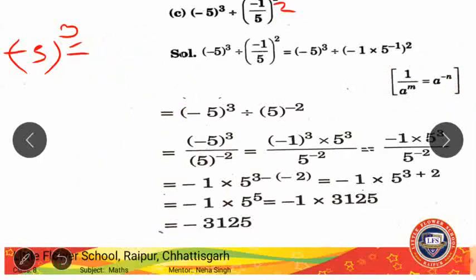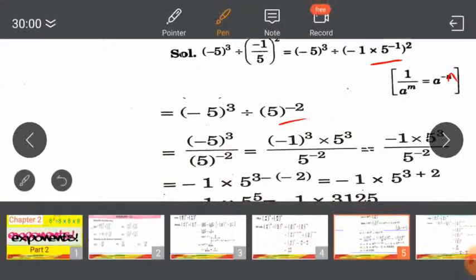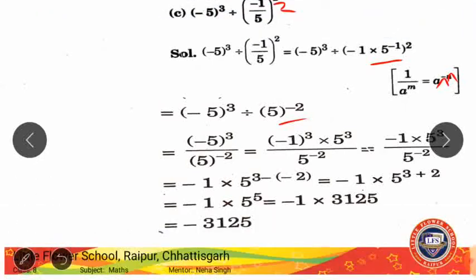Then these are in division. Now we can see that here there is a minus sign and here it is a positive sign. Is the base the same? No, it is not the same. The sign varies, which means the number is different.